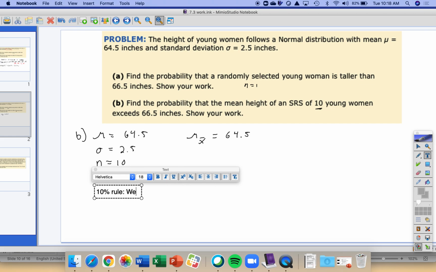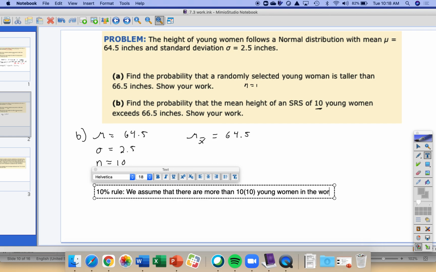So I'm going to say that we assume that there are more than 10 times 10 young women in the world. Doesn't say where I'm taking these young women from, so I'm going to assume it's the entire world.